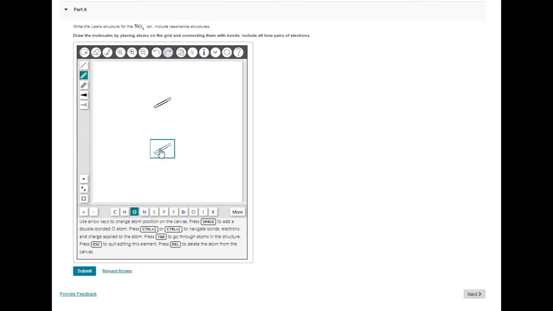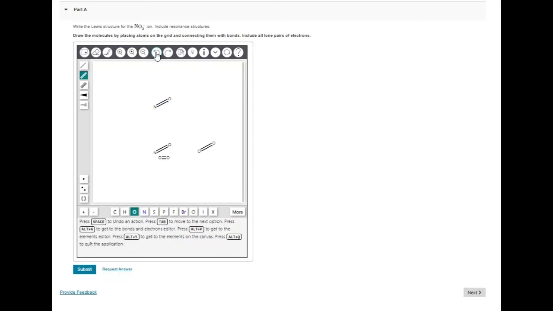Is there a way to rotate this? I don't want to reset it. Can I grab it? No. Oh, no. Okay, the good news is we can undo all the way through this.